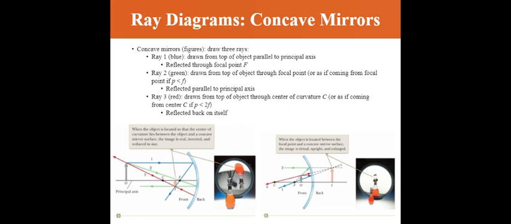So how do you find the image? Well, the image location is where the 3 reflected rays intersect.